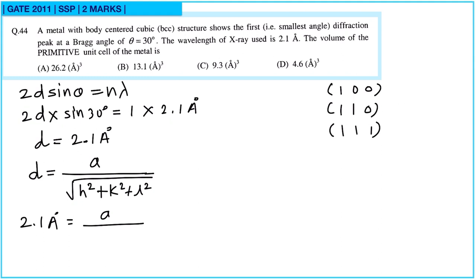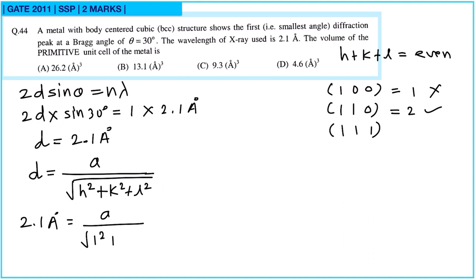And for the BCC structure, this is the condition: H plus K plus L has to be even. Only then we can get diffraction peaks for the BCC structure. So here 1 plus 0 plus 0 is 1, so this is not possible. 1 plus 1 plus 0 is 2, so this is possible. So the first diffraction peak will be obtained for this 110.